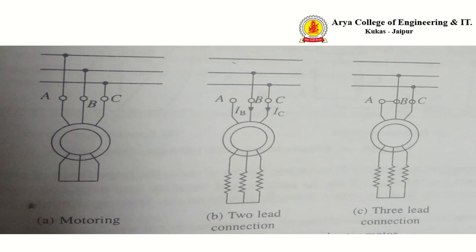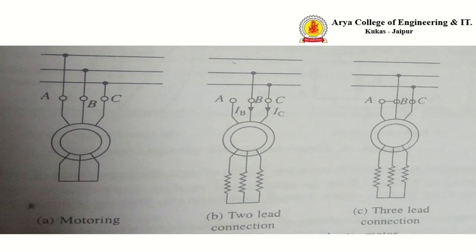For Nr greater than Ns, there are two ways: increase Nr, or reduce Ns.